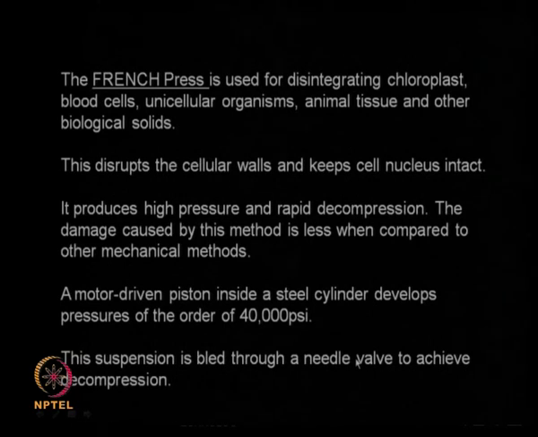When you bleed it through a needle valve, you achieve a very fast decompression, and during this process the cells break but the nucleus remains intact. The temperature rise is not as dramatic as in the other mechanical methods, but basically this also involves a high pressure and a low pressure operation.